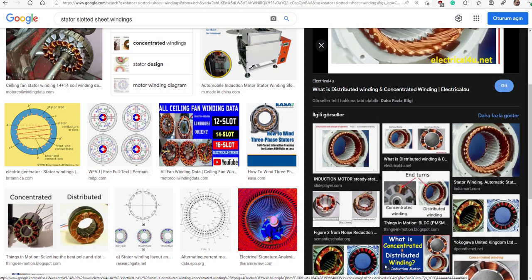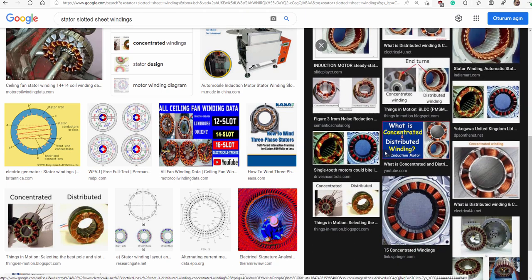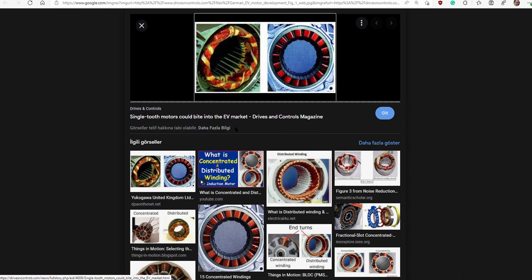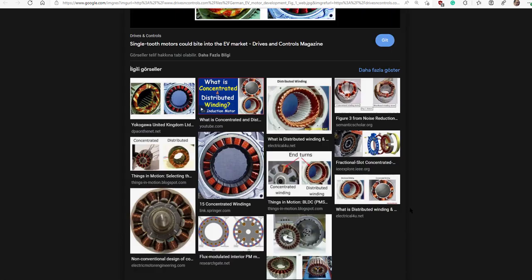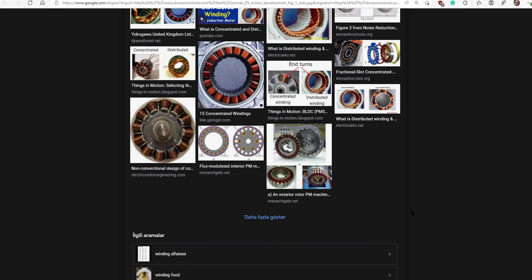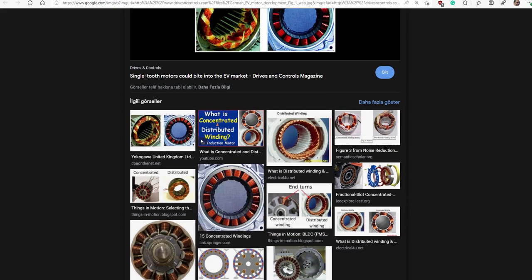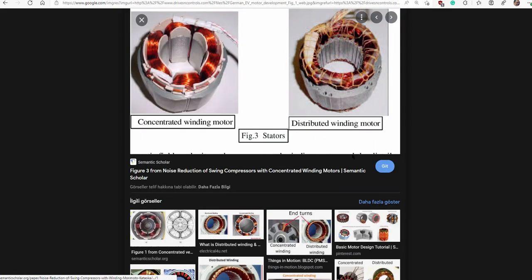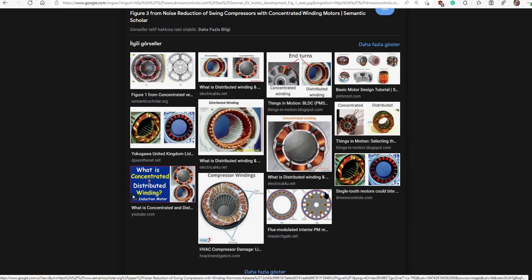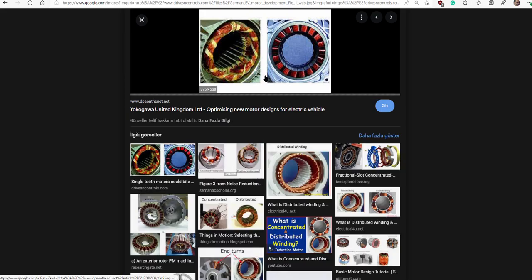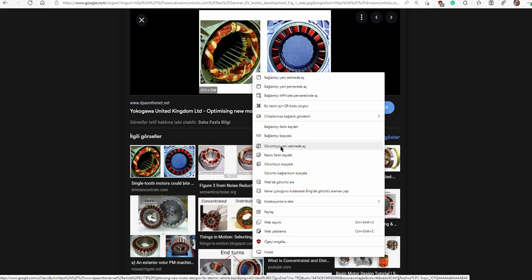This guy on the lap winding. And then let me show you a concentric winding. Yes, this guy concentric winding. Perhaps there will be a better view. Yes, this is also concentric, but it is difficult to distinguish for you.